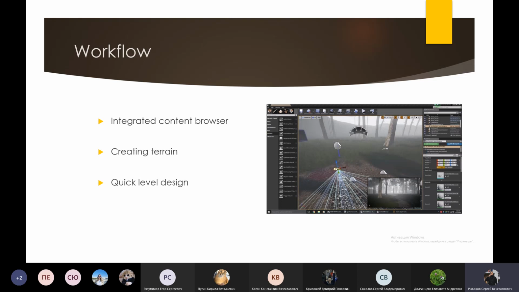Unreal Engine also has tools to create your own terrain, and you can paint it in your own materials with your mouse and blend them together to make grass and some trees, for example.